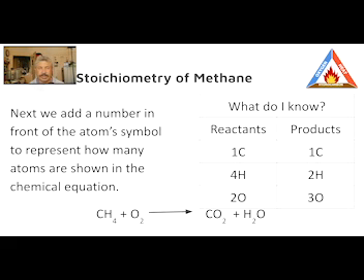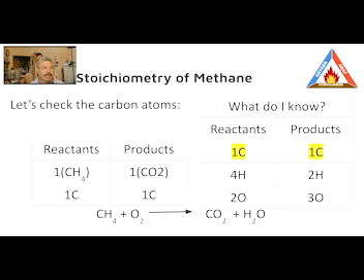What do I know about the products? There's only 1 carbon in the carbon dioxide, 2 hydrogens in the water molecule, and 3 oxygens combined, 2 in the carbon dioxide and 1 in the water molecule. Now, is this balanced? That means do I have the same number of each type of atom for the reactants and products? So let's check the carbon atoms.